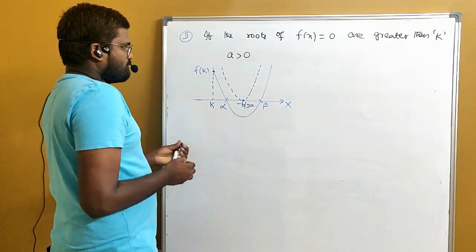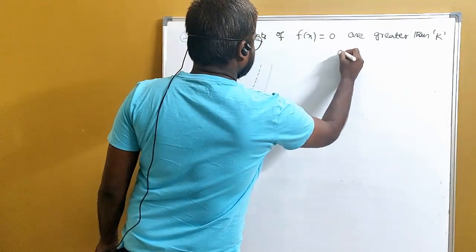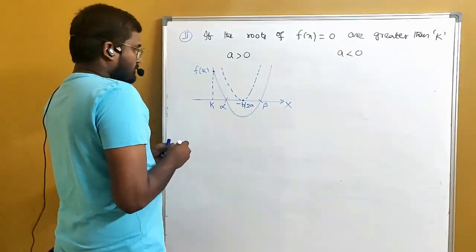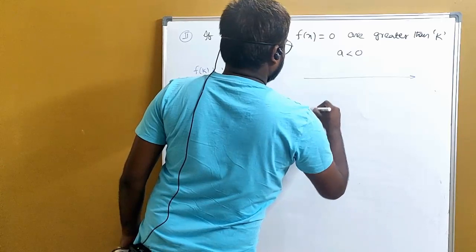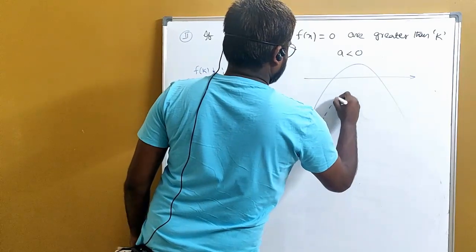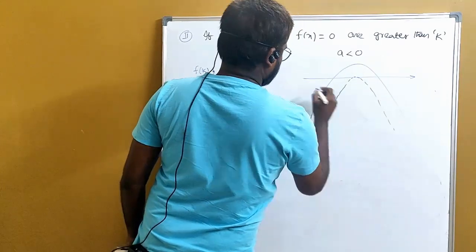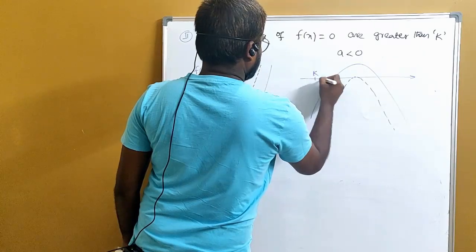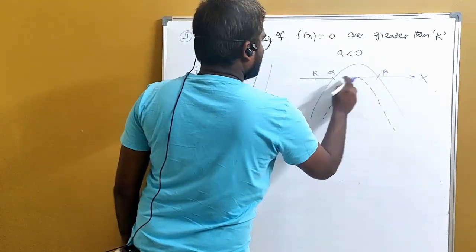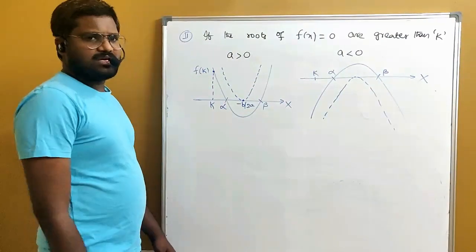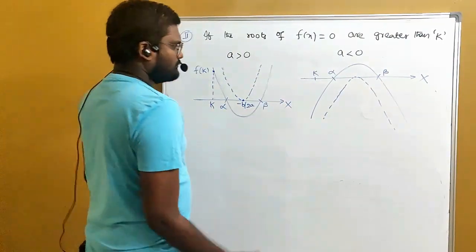If a is less than 0, again in this case it will be like this. Now definitely k will be here because k is less than the roots alpha and beta.